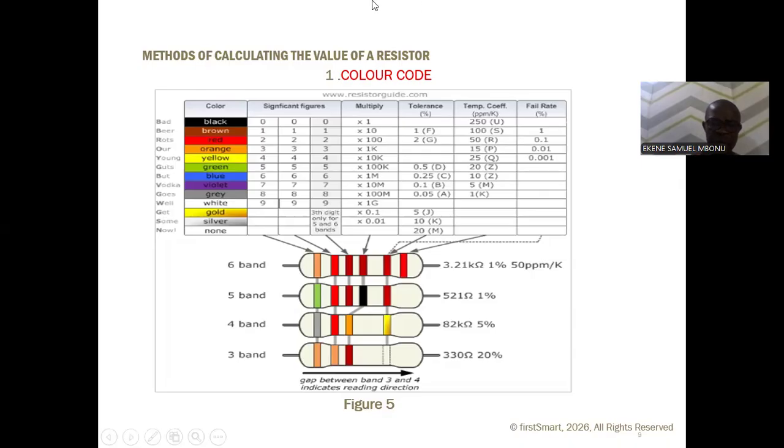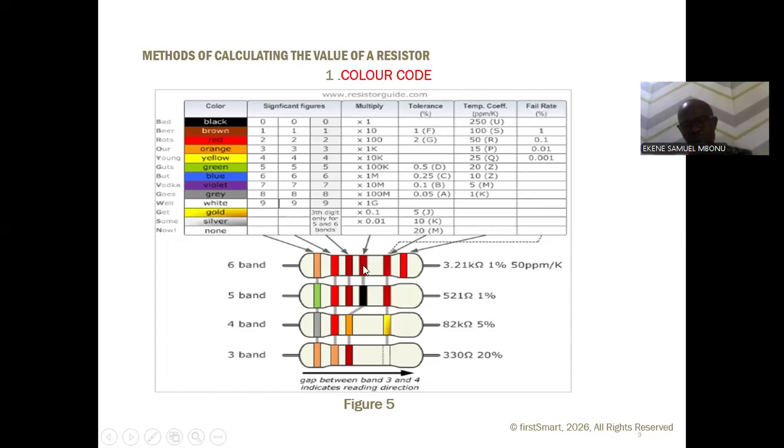Your basic colors include black, brown, red, orange, yellow, green, blue, violet, gray, white, gold, silver, and sometimes none.